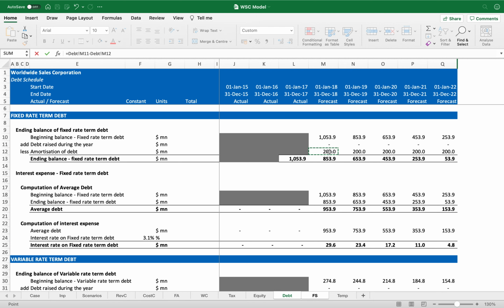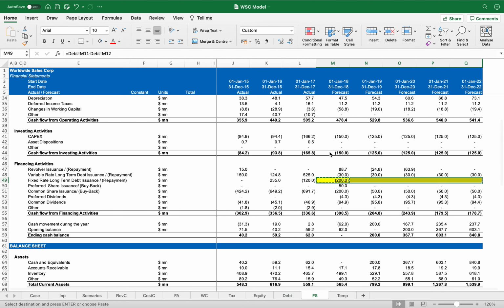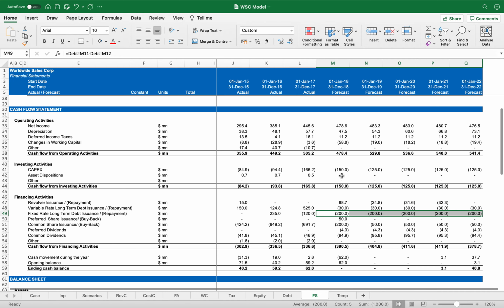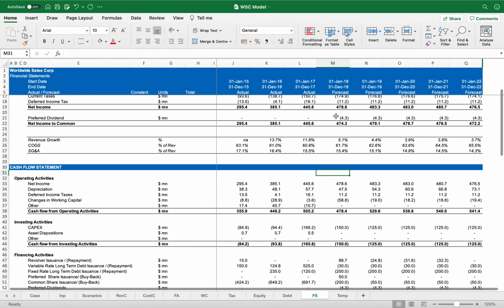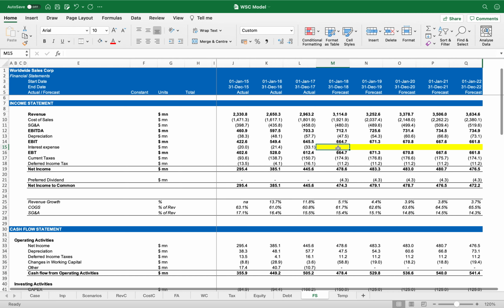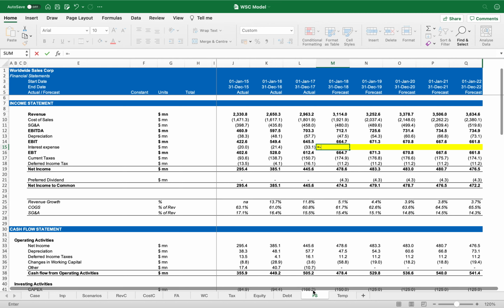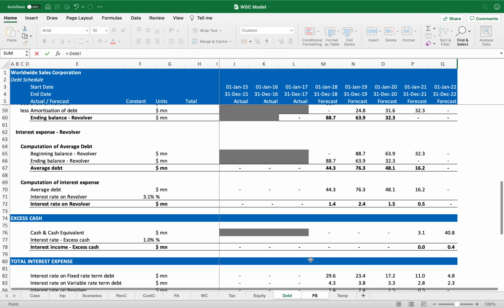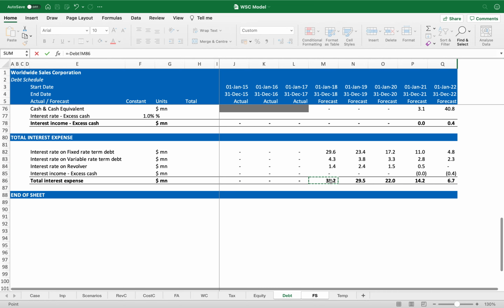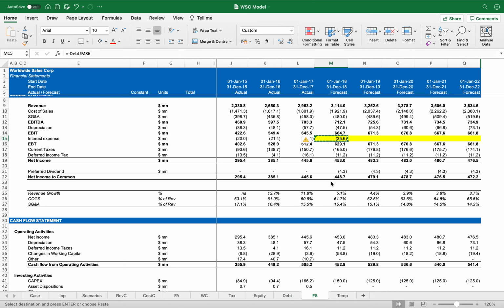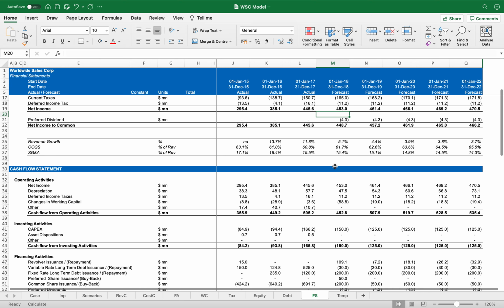Raised minus repaid. Okay. Now, I am done with my cash flow statement as well. Now, one thing is left, and that is in income statement, which is my interest expense. So equals minus, and I link this to my interest expense.